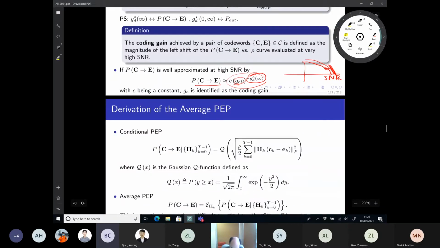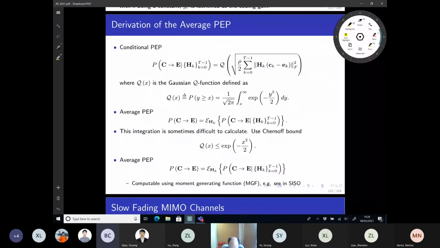Okay, good. So how do we do that? You can do this for more complicated stuff, but the main idea is the following. The expression looks a bit more complicated, but the philosophy is exactly what we did earlier on. You start with this conditional pairwise error probability, so it's conditioned on a certain realization of the channel. Then you say, I don't like this Q function because we cannot manipulate it easily. So let's use an upper bound, the Chernoff bound. We have done this before.